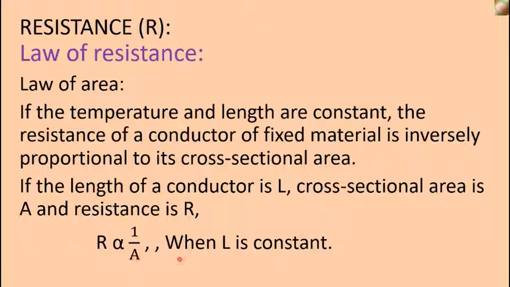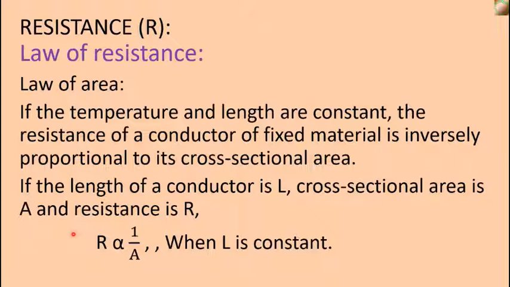If A is increased, then R will be decreased. If A is decreased, R will be increased. More the cross-sectional area, less will be resistance. Less the cross-sectional area, more will be resistance.